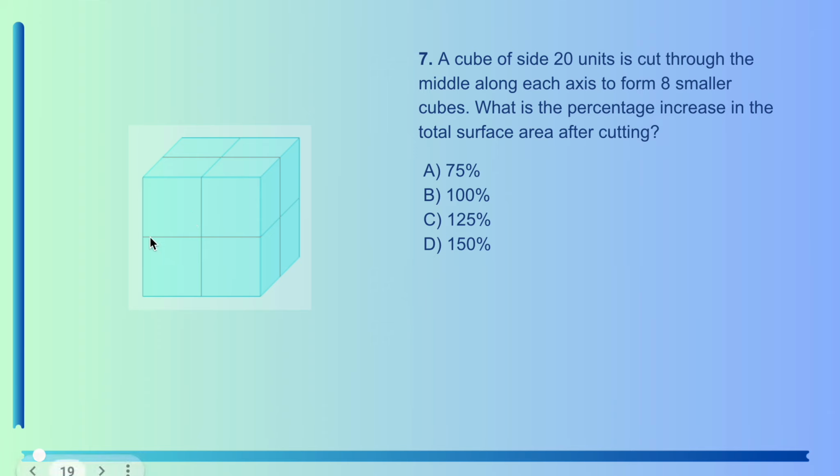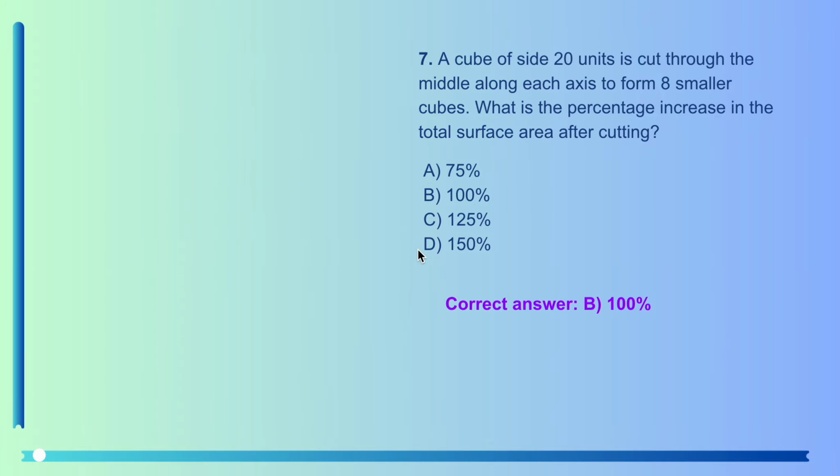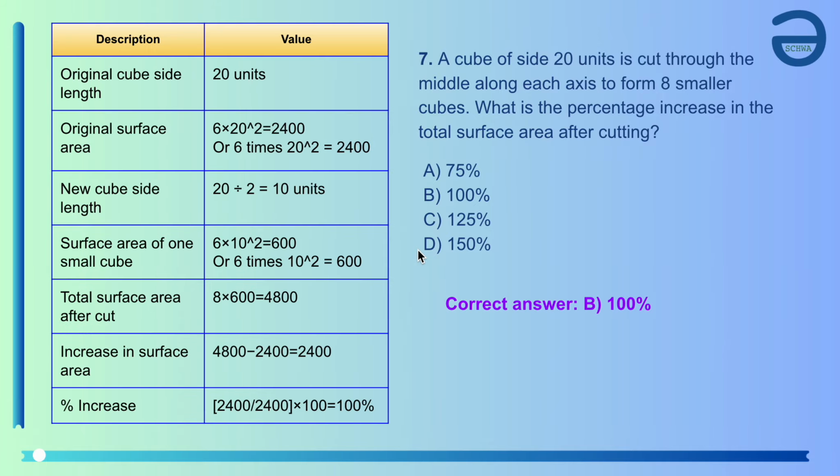Each of them, the length, the breadth, the height is half of the previous one. So if the previous one is 20, each of these little sides is a 10. Now, by what percentage has the surface area increased after you cut the cubes? Let's see. Oh, here's the answer already, but let's see how we arrive at the answer.